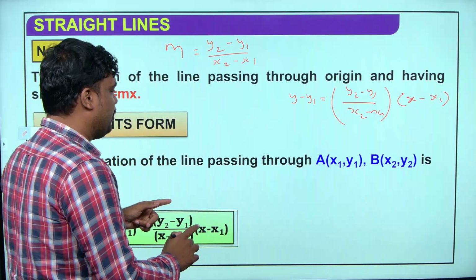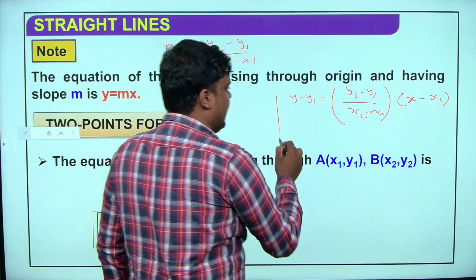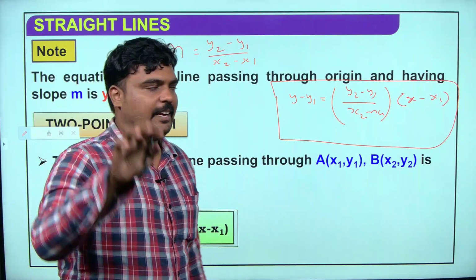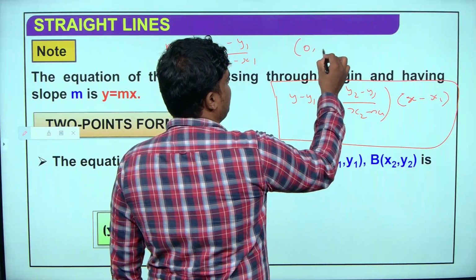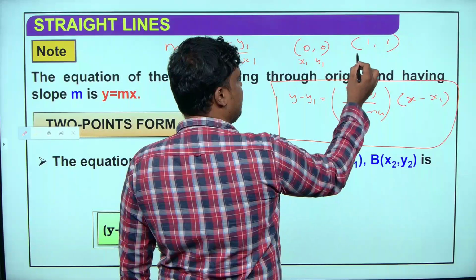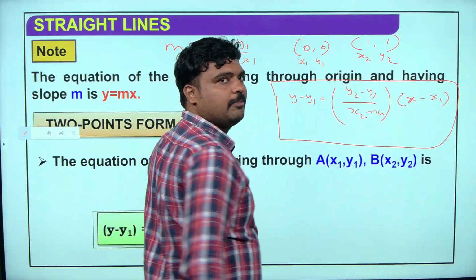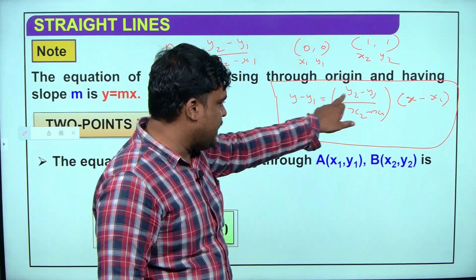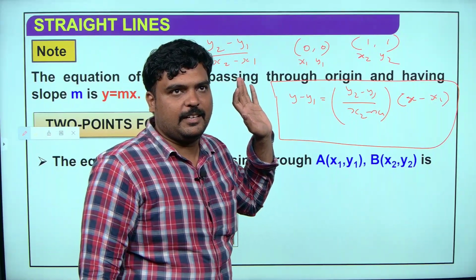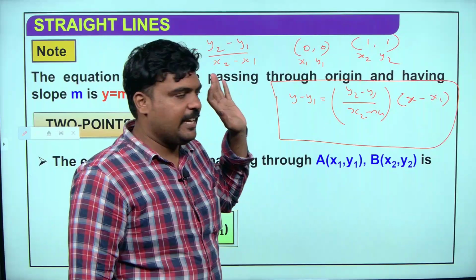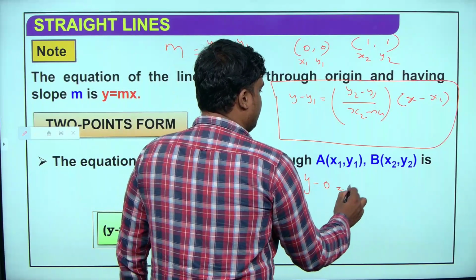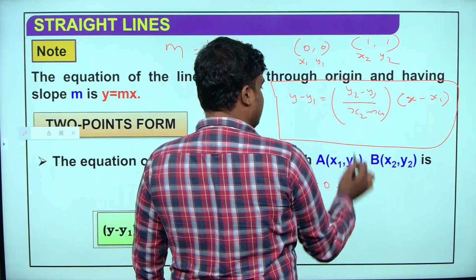See what they are saying. So I have given the formula. If 2 points are given, and I took the points as 0, 0 and 1, 1, I want to take these as x1 and y1 and these as x2 and y2. So wherever x1, x2 is there, just substitute 0 and 1. So what it became: y minus y1, which is 0, is equal to y2 minus y1, where y2 is 1 and this is 0, so 1.